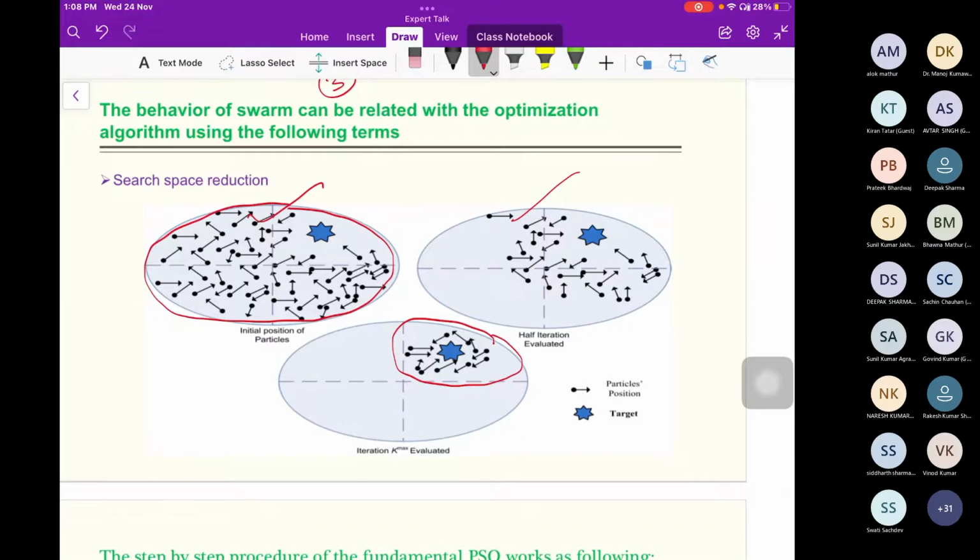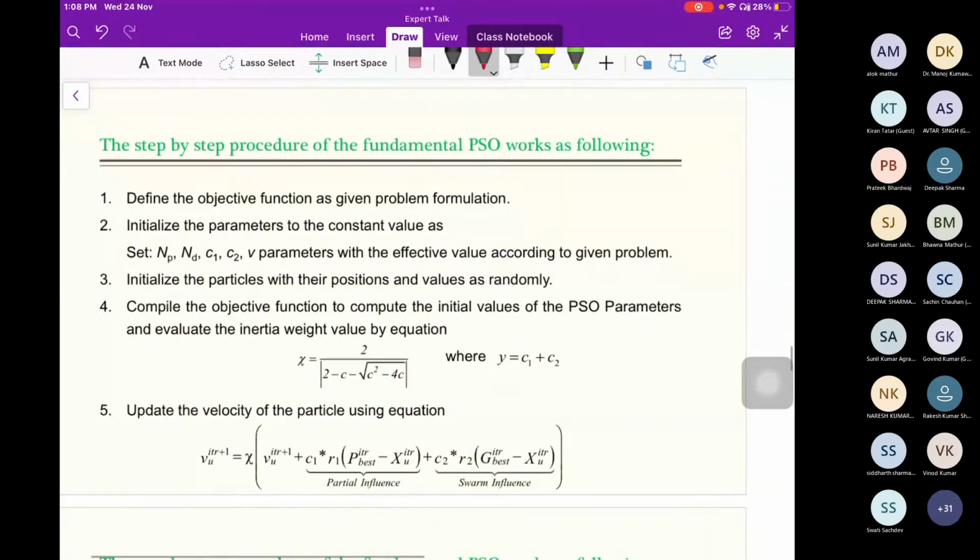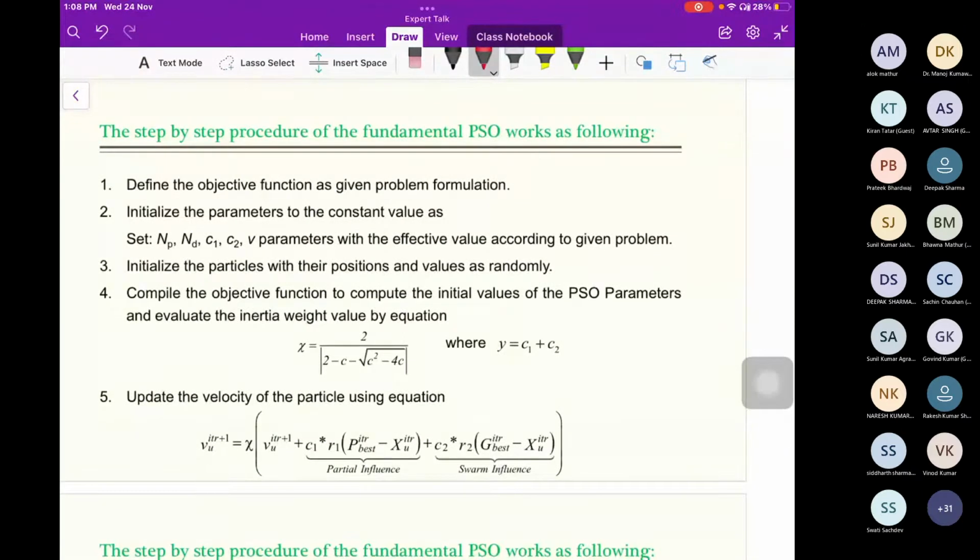C1 and C2 are the parameters of the algorithm. V is the velocity. Initially the position and velocity of the particles we can assume randomly. And after that, we will find out the inertia with the help of this constant.